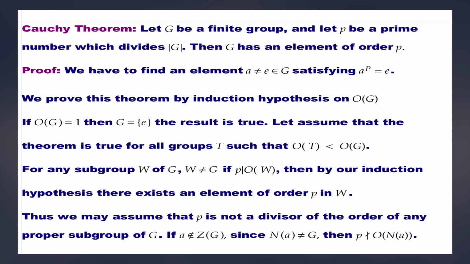If a is not in the center of G, since the normalizer of a is not equal to G, then p does not divide the order of the normalizer of a.